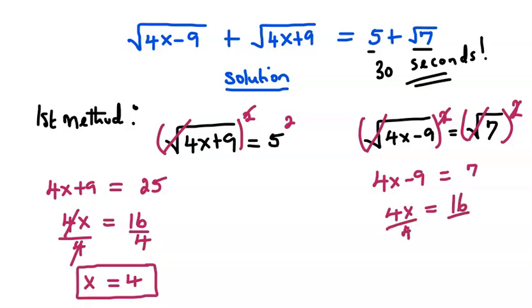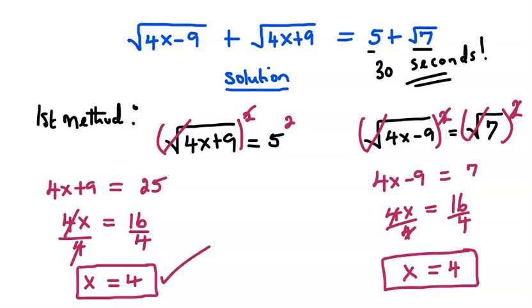Divide both sides by 4. 4 cancels 4. And here we have our solution again, that x is equal to 4. Therefore, in the Olympiad Math problem, if this question is given, this is the best way to tackle this problem. And we have just arrived at the right answer, right? So the value of x here is 4.